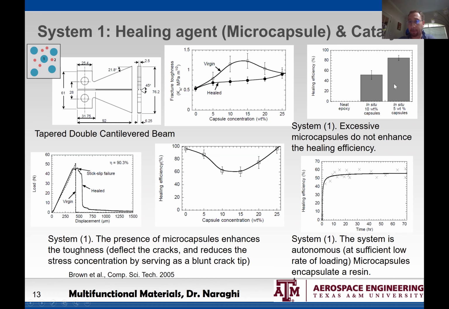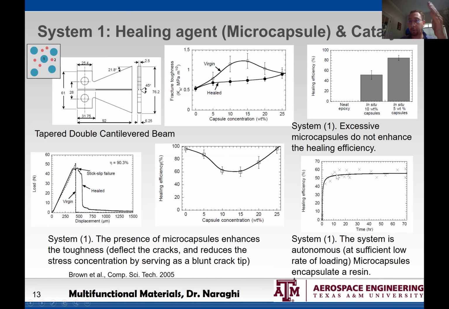And the last graph I want to show you, so basically this is the output of an experiment like this, displacement versus load. And so initially linear, and then it breaks, or a crack starts to propagate. This, I explained the correlation between these two. And here just is the healing efficiency as a function of time. So within a few hours, you get to the healing efficiency of 50–60%.